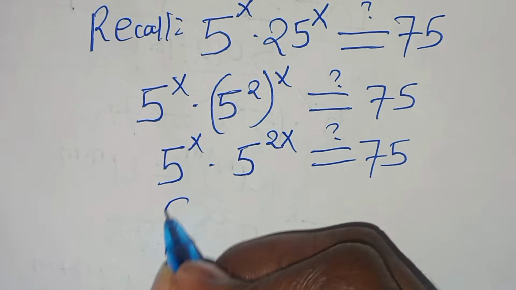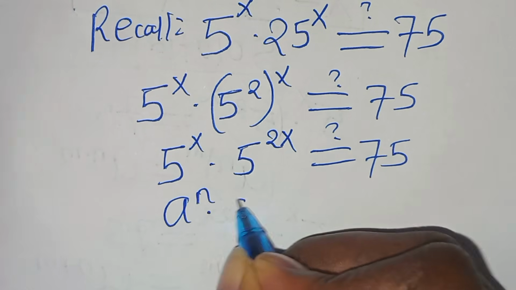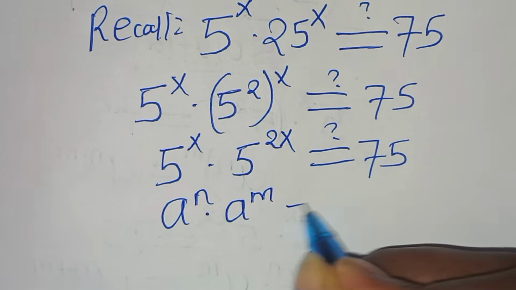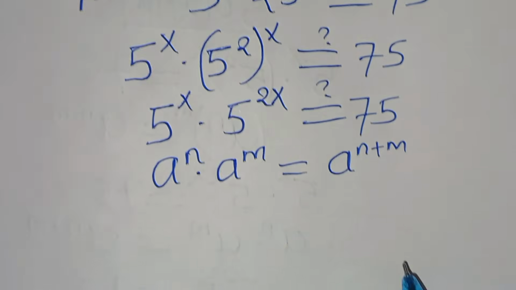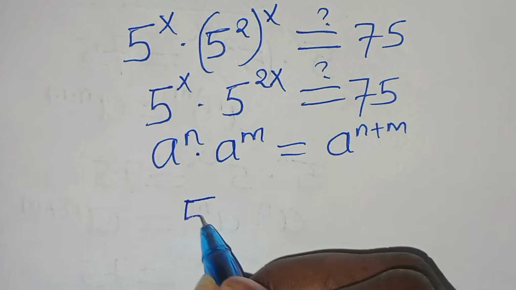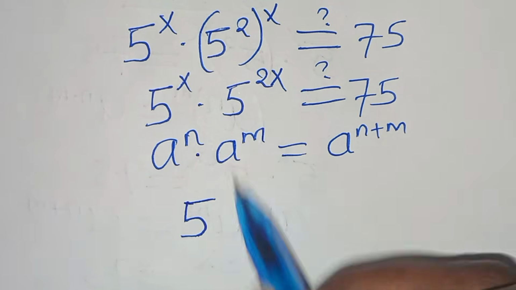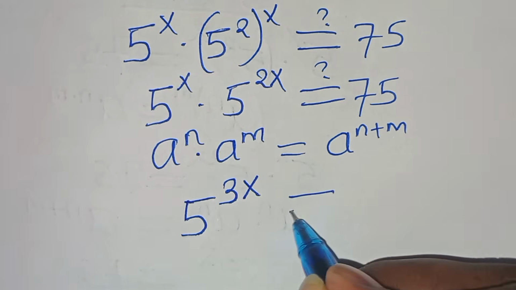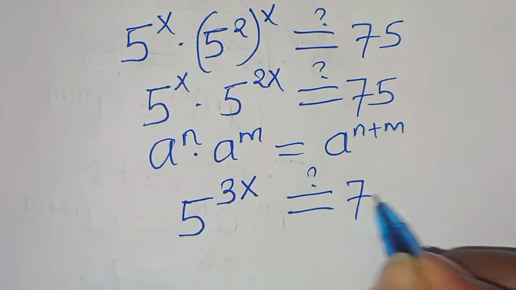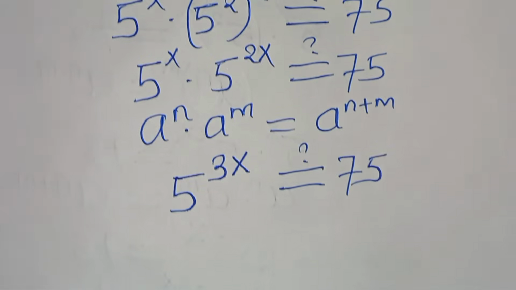Now, this is in the form of a to the power of n times a to the power of m, which you can express as a to the power of n plus m. And this means that here we have 5 to the power of x plus 2x, which is equal to 3x. This should give us a value of 75.